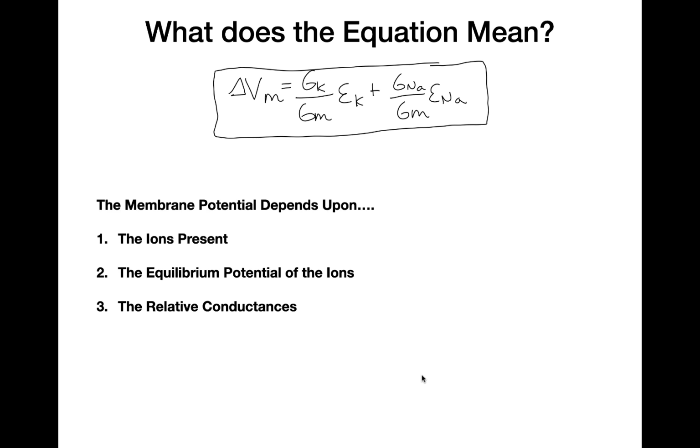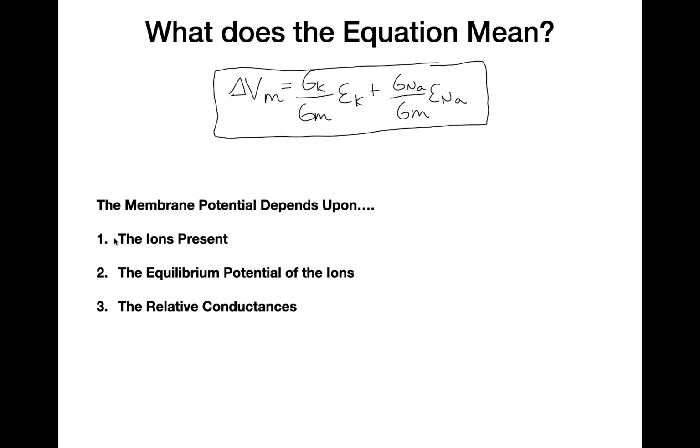So this equation is basically telling us that the membrane potential depends upon three things. The first thing is it depends upon what ions are present. So in our hypothetical cell, the membrane potential only depends upon sodium and potassium. However, in real cells, you also have chloride, bicarbonate, magnesium, and many other ions that are going to be present.